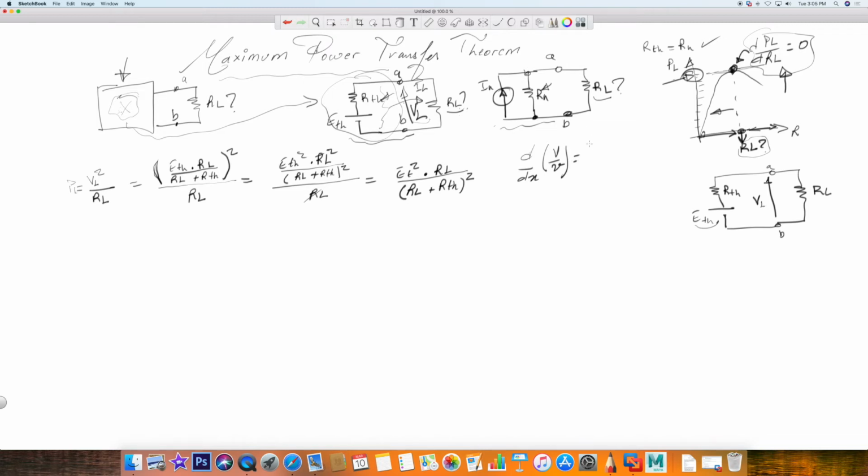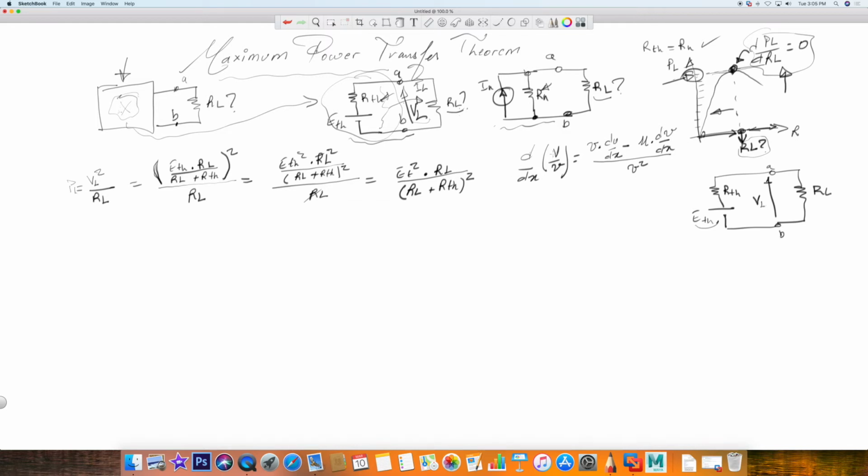Let's go back to basic mathematics: the denominator times the derivative of the numerator, minus the numerator times the derivative of the denominator, that's dv over dx, over the denominator squared, that's v squared. So we're going to apply this rule here.